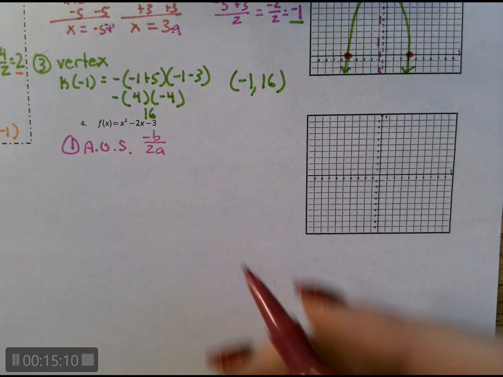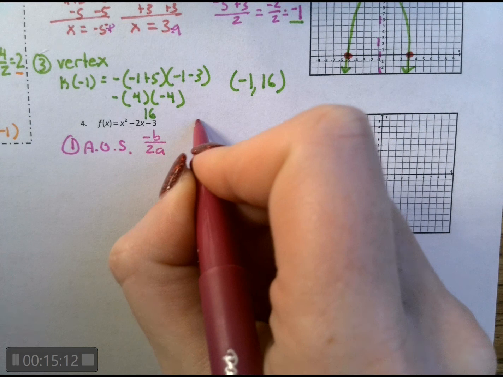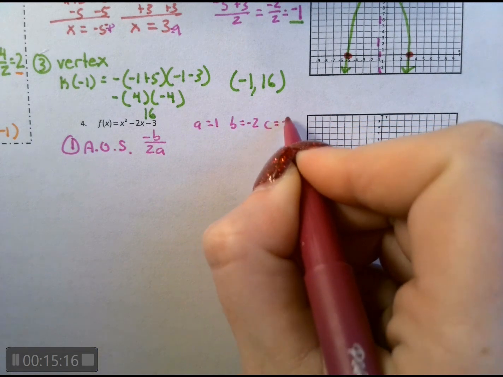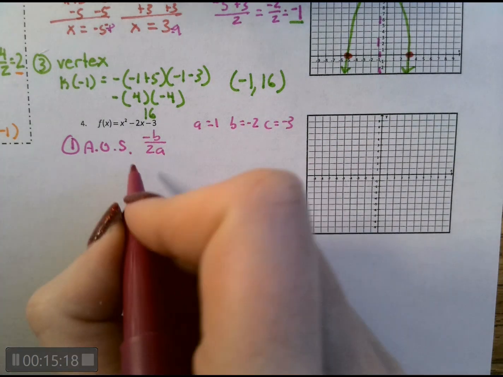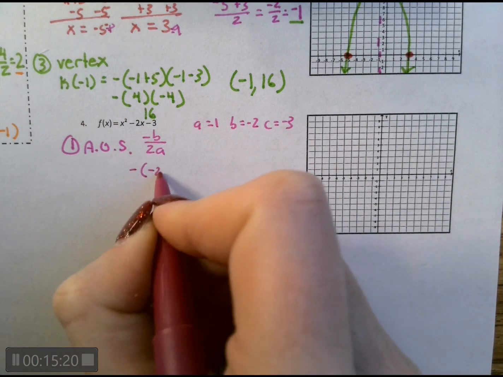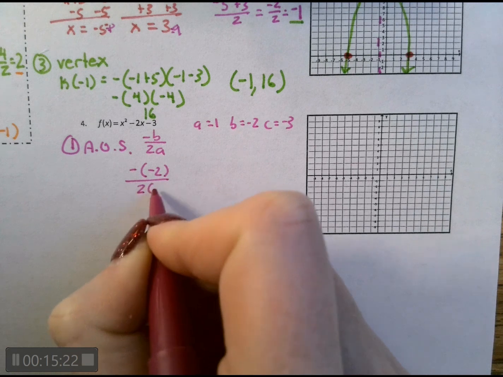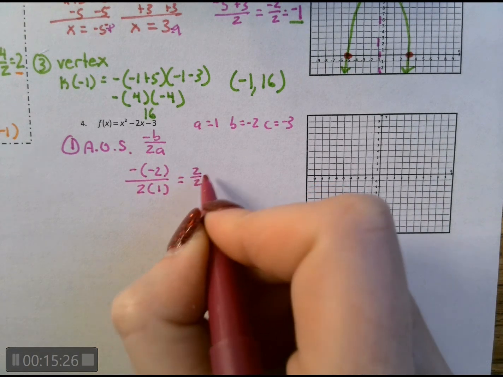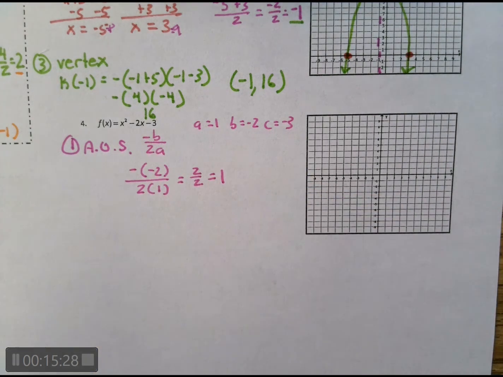Okay? So make sure you know what your a, your b, and your c are. Alright, so we have negative, parentheses, negative 2 over 2 times our a. So we have 2 over 2, which equals 1.